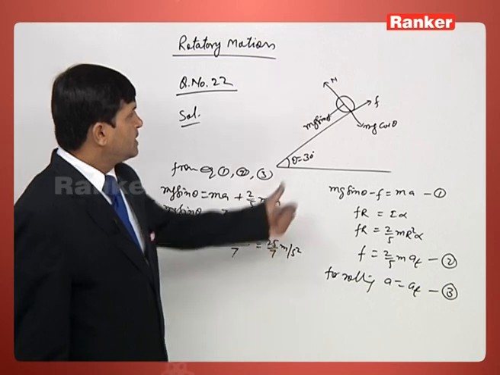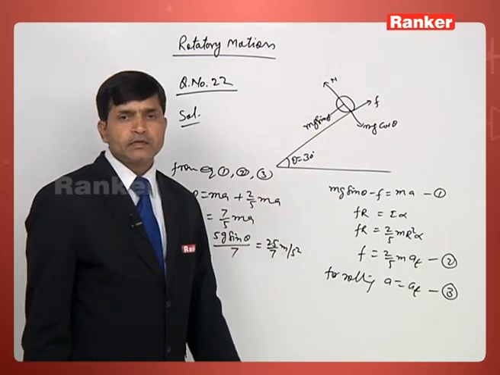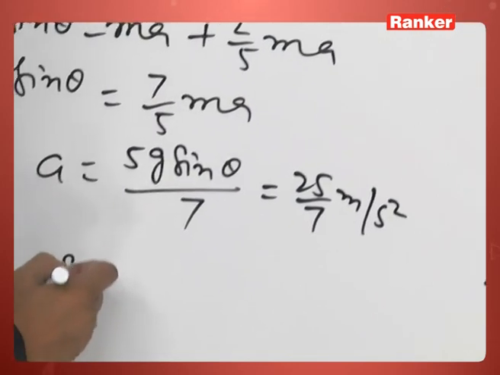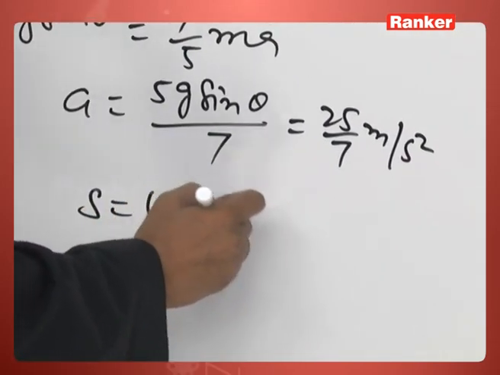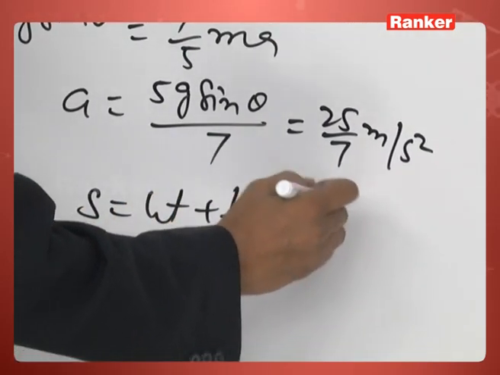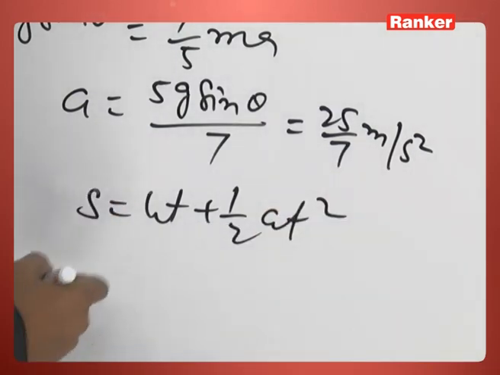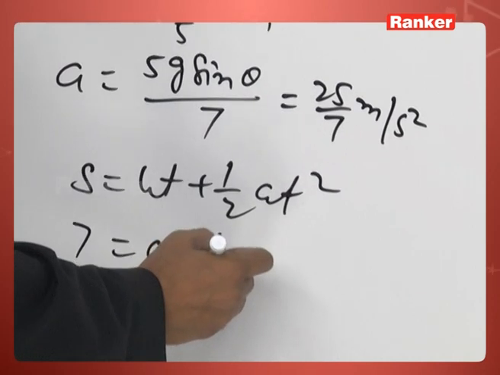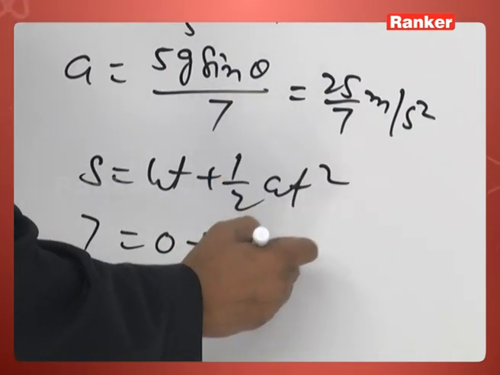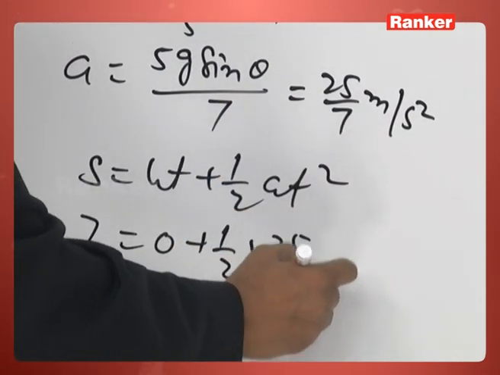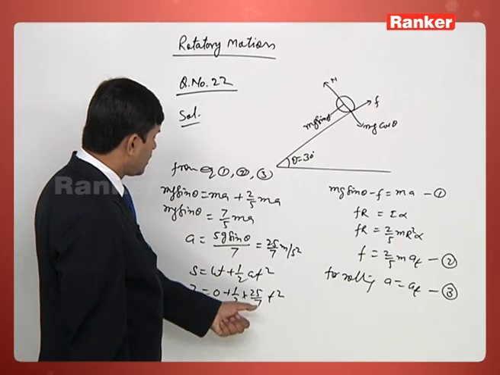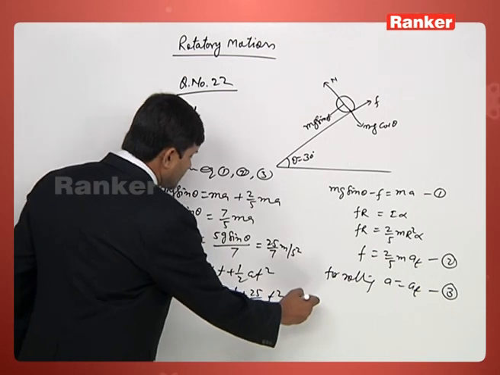Now, if this has to travel a distance of 7 meter, then they require the time. S is equal to ut plus half at square. S is 7, initial velocity is 0, half, a is 25 by 7, into t square. Now check this one.